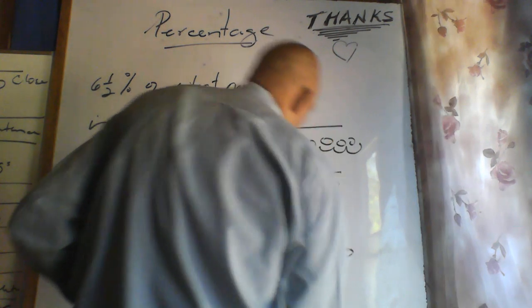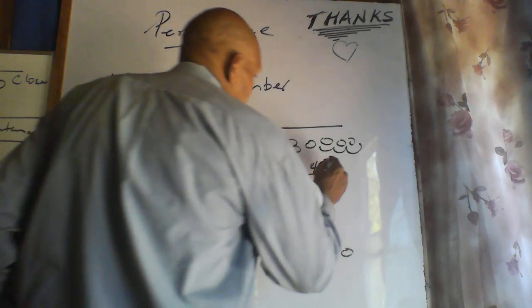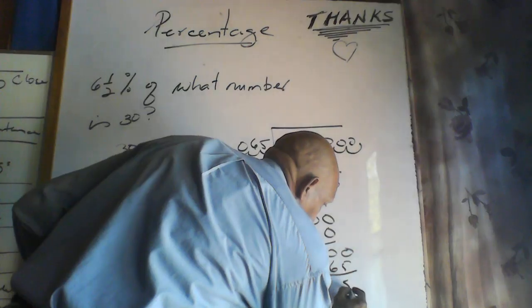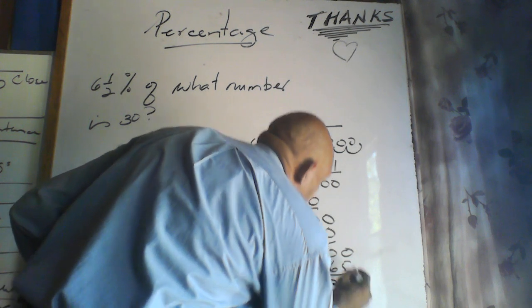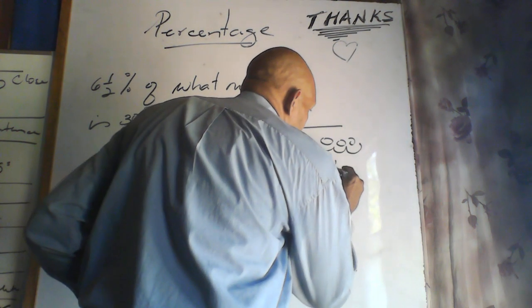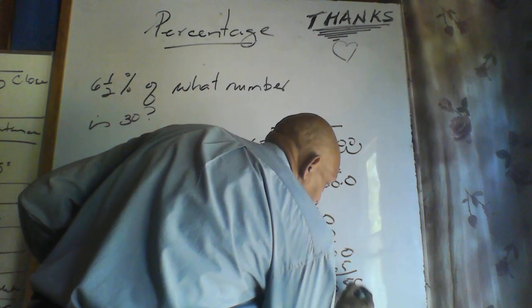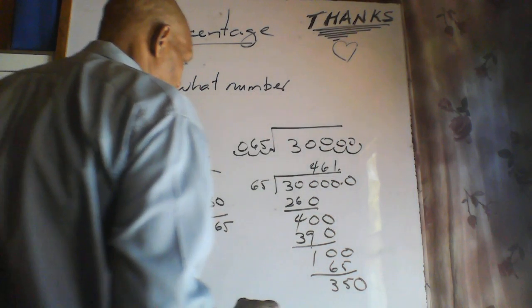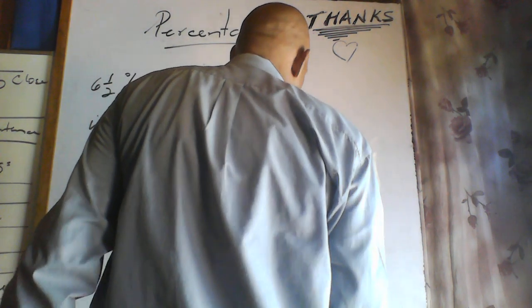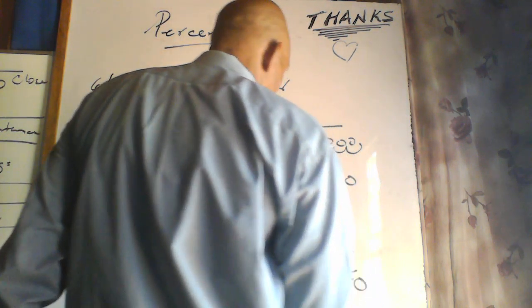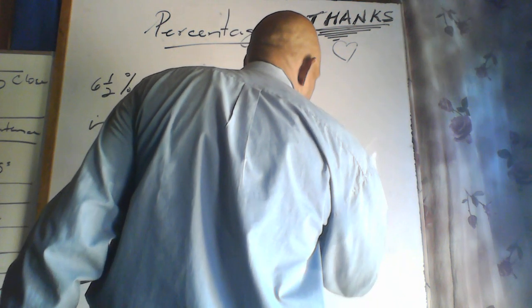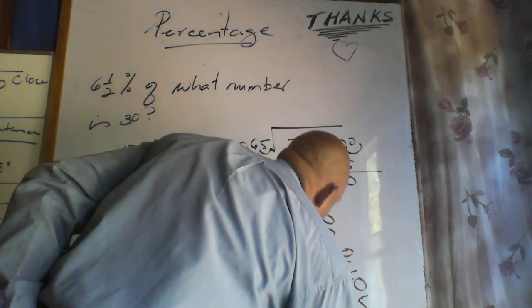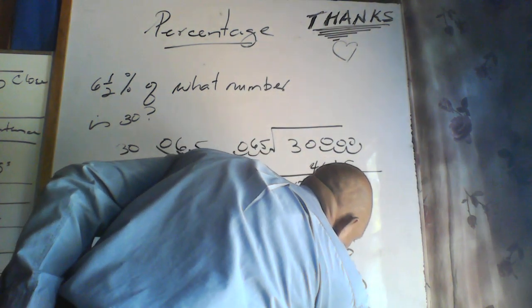Let's carry down the 0. I try 1. 1 times 65 is 65. Add a 0. 5 5s are 25. 5 6s are 30. Try 5. 5 5s are 25. 5 6s are 30. 31, 32.